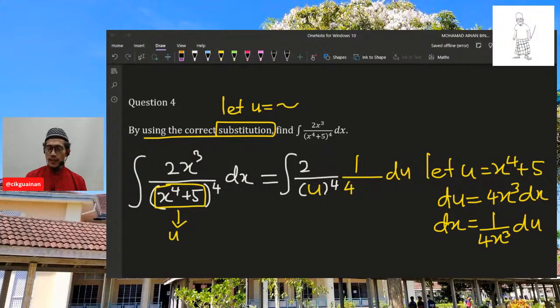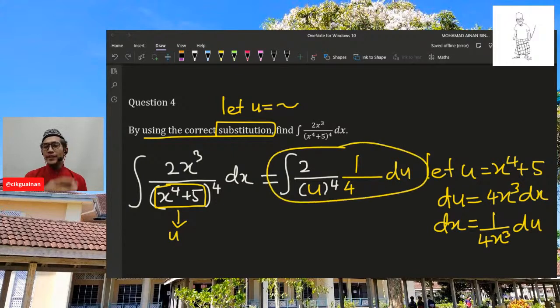If you write with pen, use your liquid paper to get rid of the x's. Make sure everything is in terms of u. Thank you, Dalila, yes, I just realized that.